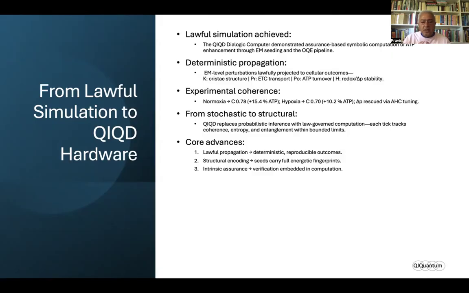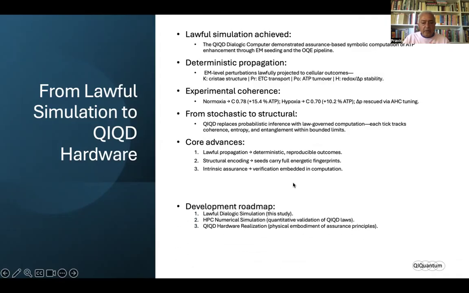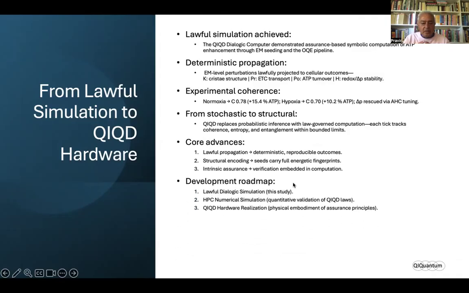So seeds carry full energetic fingerprints, and so that in the initial seed that was created using the electromagnetic cocktail of frequencies, and then subsequently in the coordination of the cristae topology, the gradient flow, and so on at the level of the mitochondria. And there's also intrinsic assurance. So the whole computation is verification embedded. And so these are the core advances.